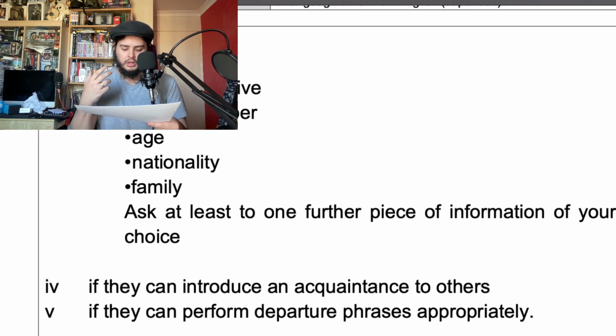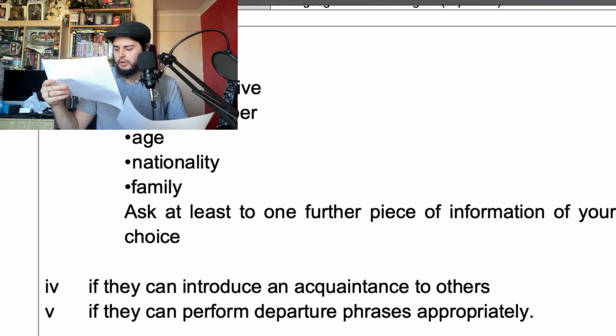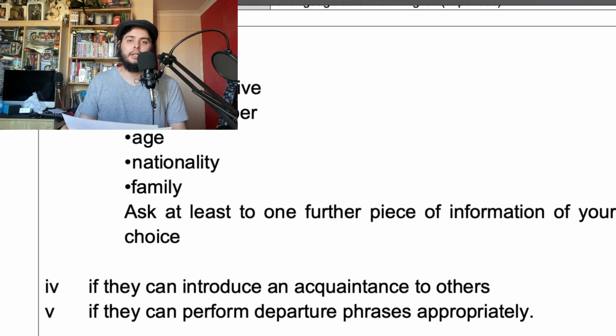So I put, Kore wa watashi no tomodachi no Kairi desu. And I was really close on this one. So my sensei got back to me, and I actually got the beginning mixed up.